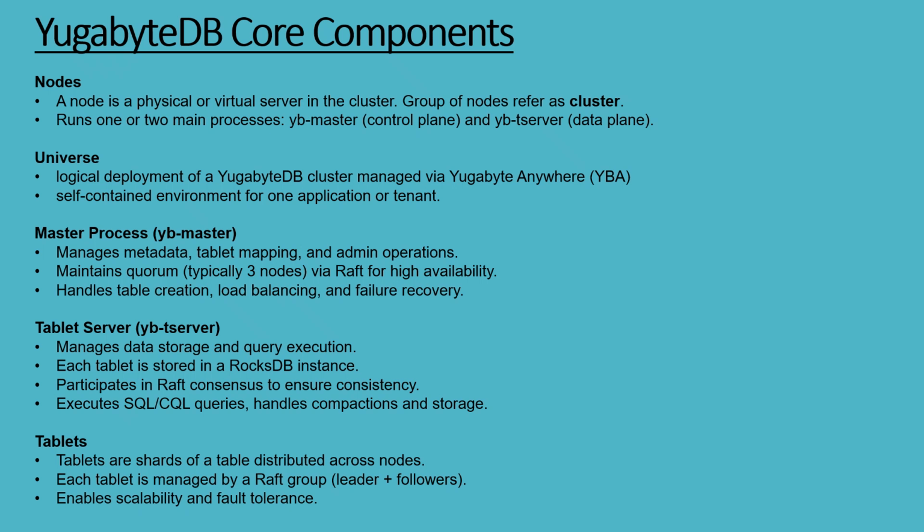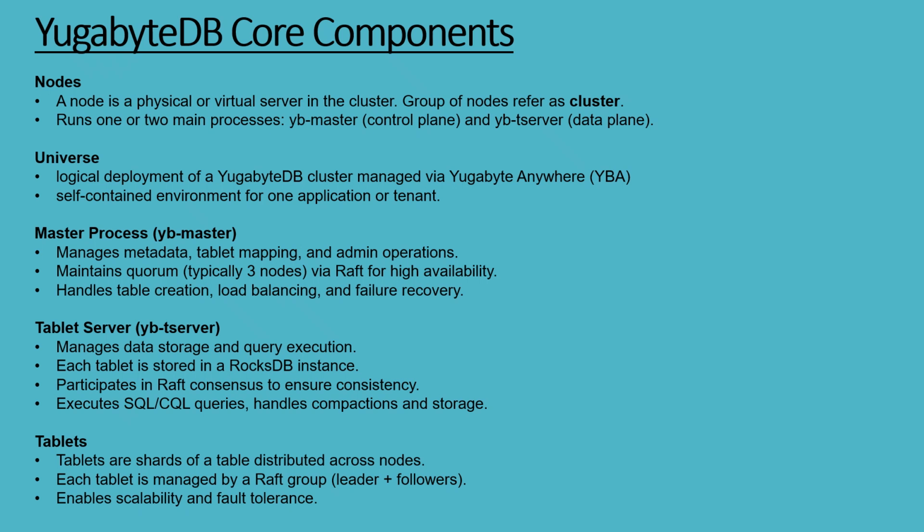Now let's move on to one of the important components, which is the master process, also known as YB-Master. This YB-Master is one of the two core processes that run on a YugabyteDB node. It acts as the control plane of the database cluster, managing all metadata and coordination tasks.